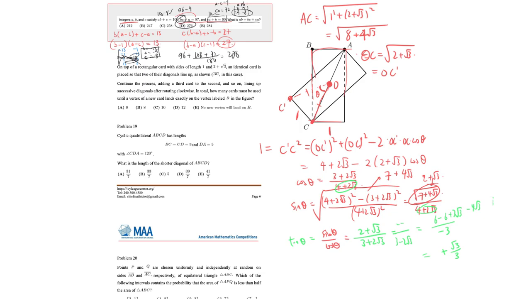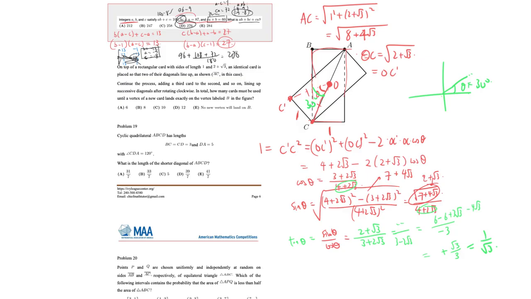And this is actually just equal to 1 over root 3. And so we could immediately recognize that the tangent value of theta means theta equals 30 degrees, right? So that is theta, and so every rotation takes you 30 degrees.